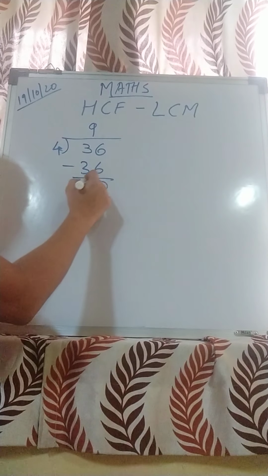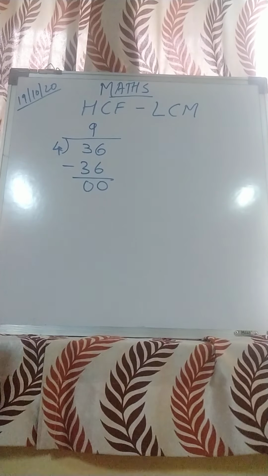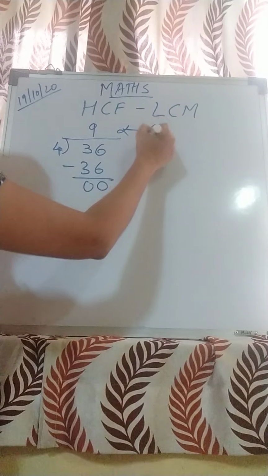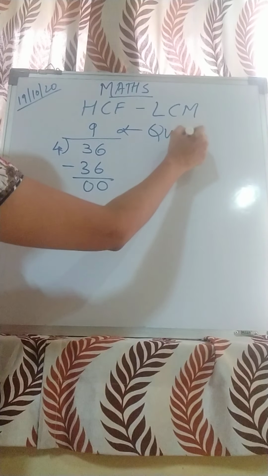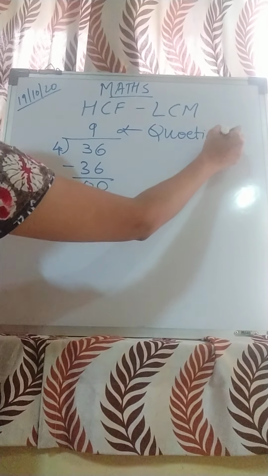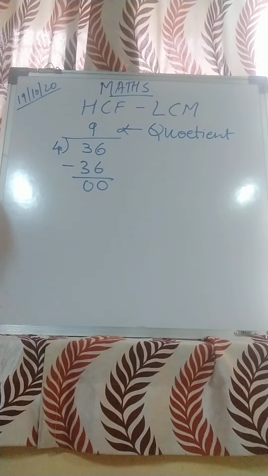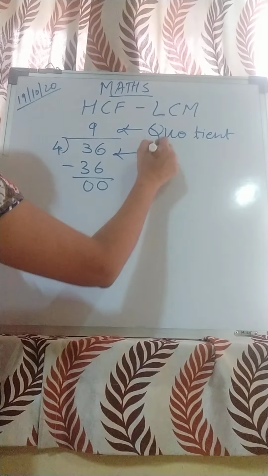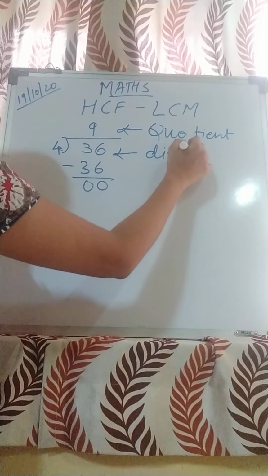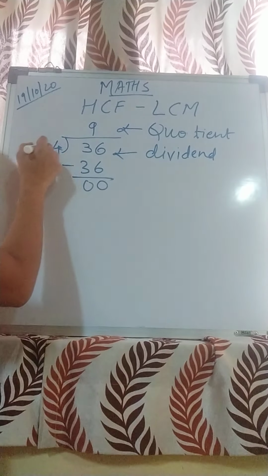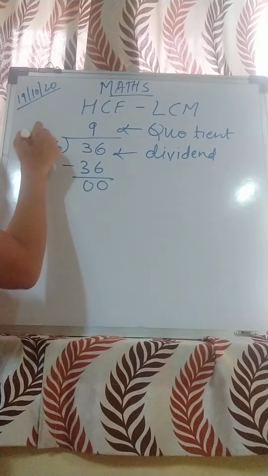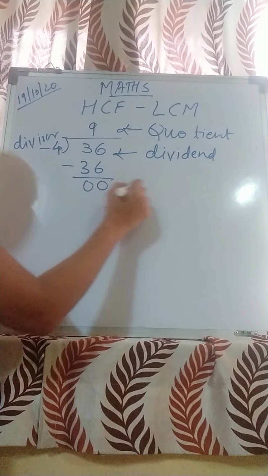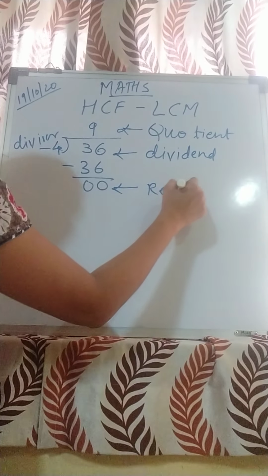This way. This is your quotient, this is your dividend, this is your divisor, and this is your remainder.